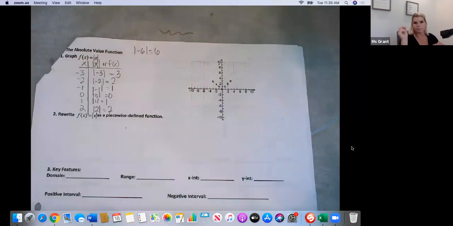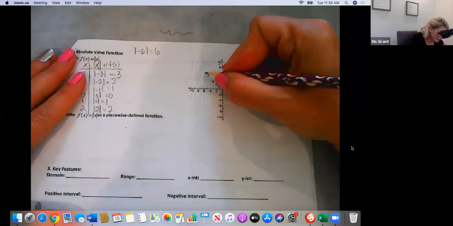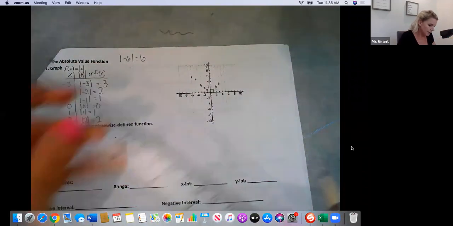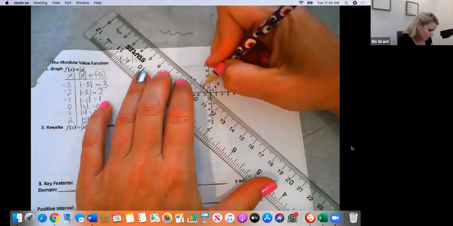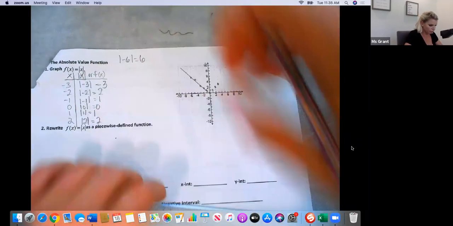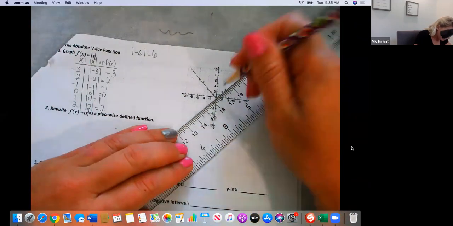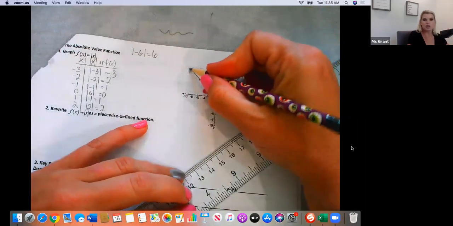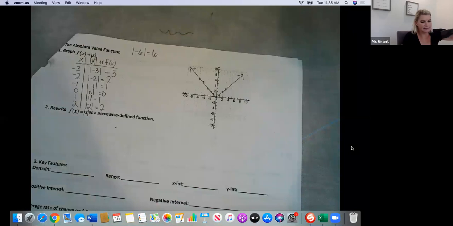So basically, it goes on like that forever. -5, 5. -6, 6. Right? So connect the dots. This is a V shape. It has 2 pieces, because it's not like a connecting line.